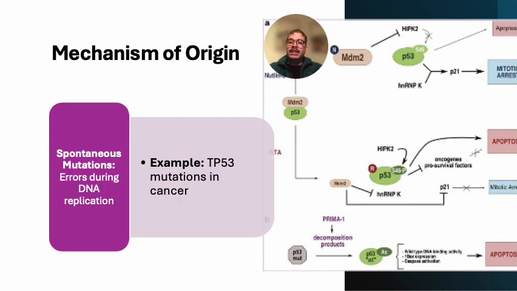These treatments expect the targeted cells to die, and when the P53 protein isn't activated, that is lost, and sometimes chemotherapy and radiation aren't effective.